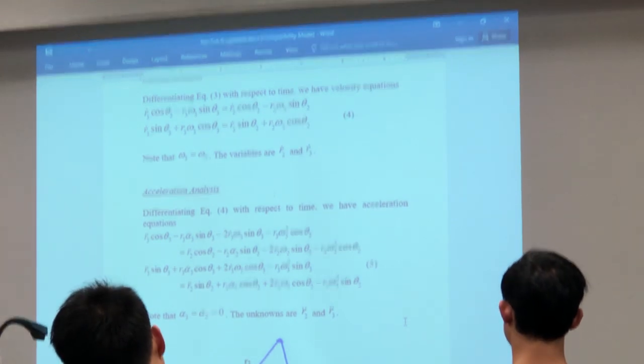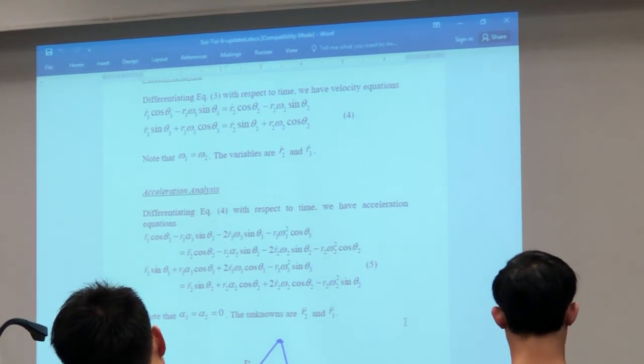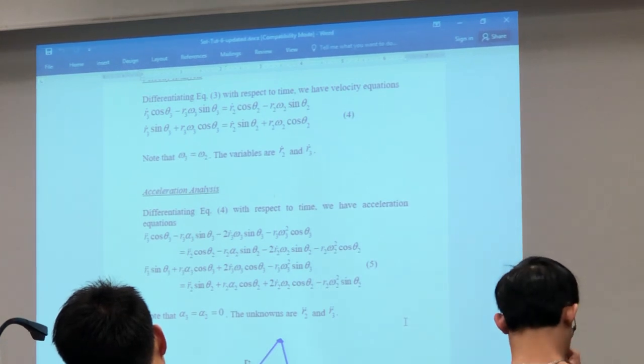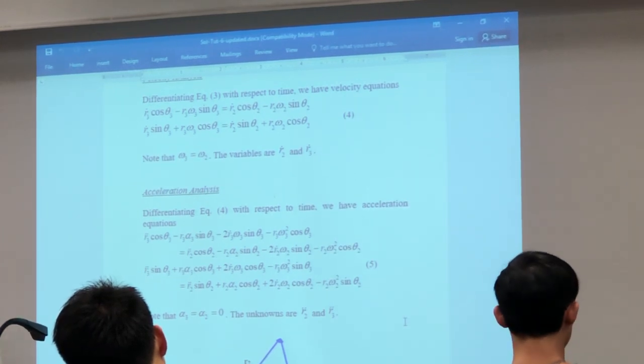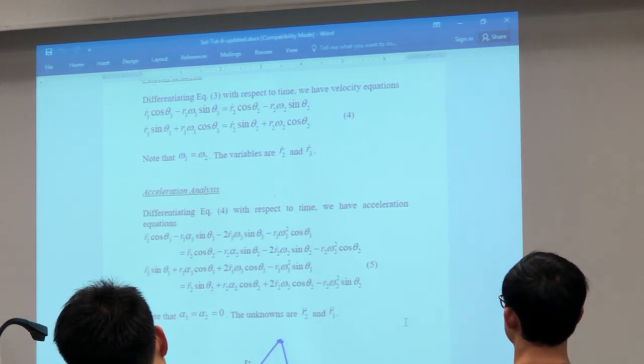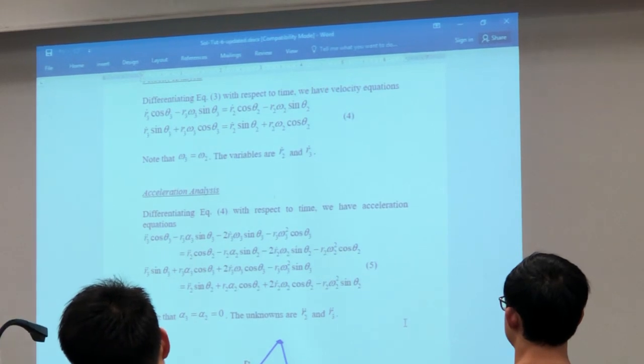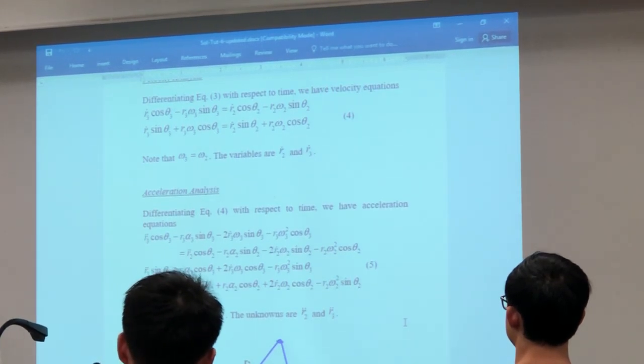In theory, if you use a graphic method or an analytic method, you must get the same answer. But normally, when people in the engineering field really work on this, they always use the analytic method because there is commercial software available, so they can just solve the equation.